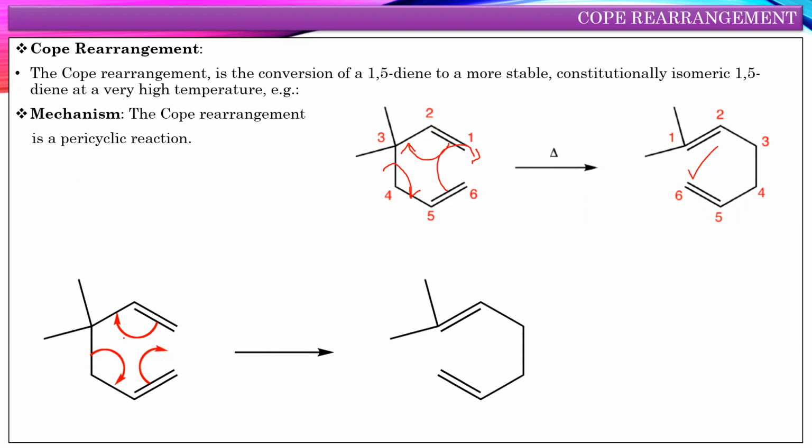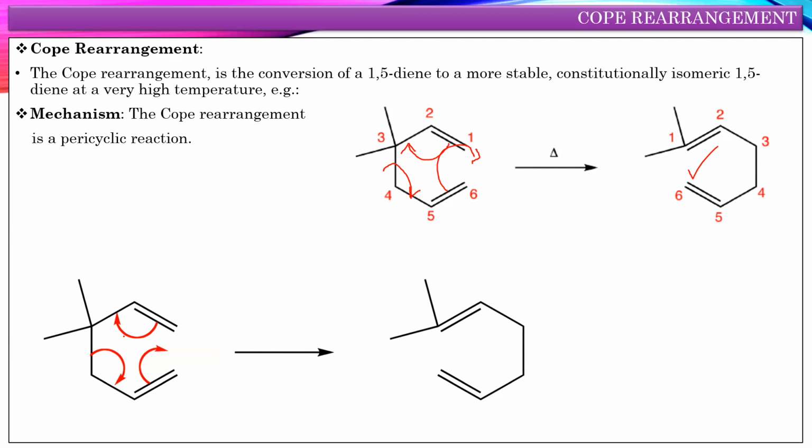In the Claisen rearrangement, the pi electrons migrate to form a new sigma bond and give a double bond. In the Cope rearrangement, one sigma bond is broken and one sigma bond is formed.